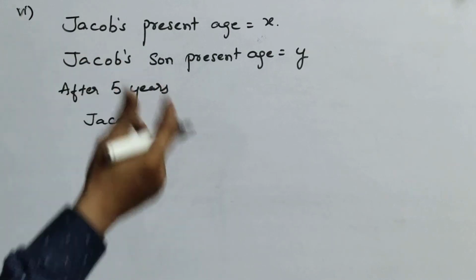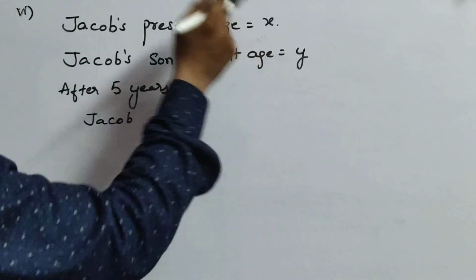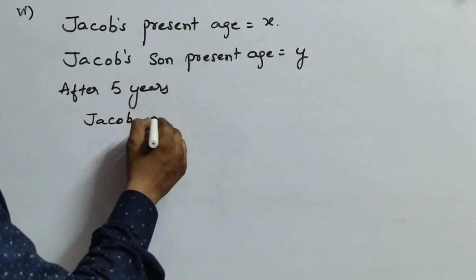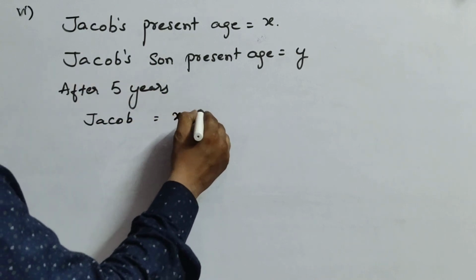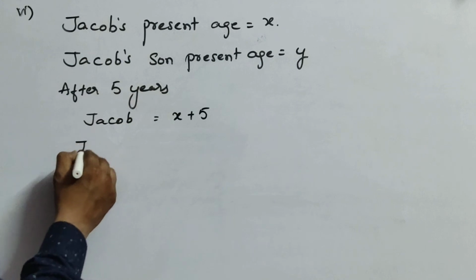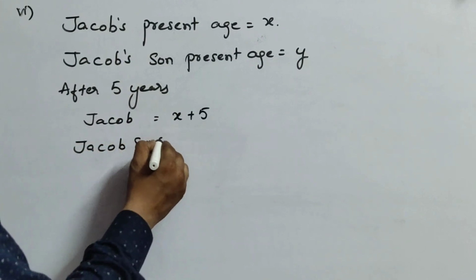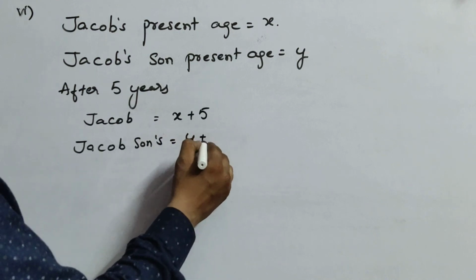After 5 years means we have to add 5 years to Jacob. So 5 years after, Jacob's age will be x plus 5, and Jacob's son's age will be y plus 5.